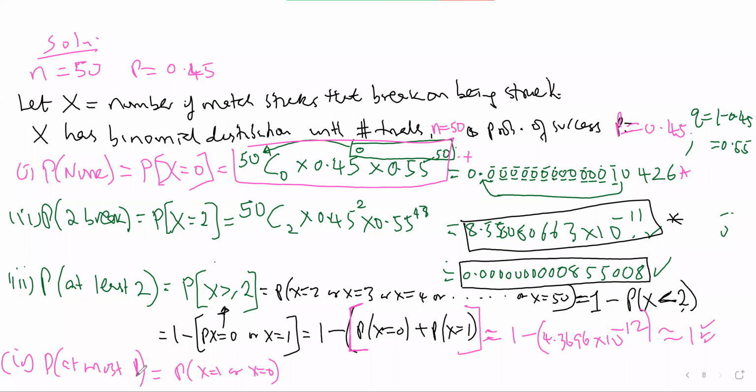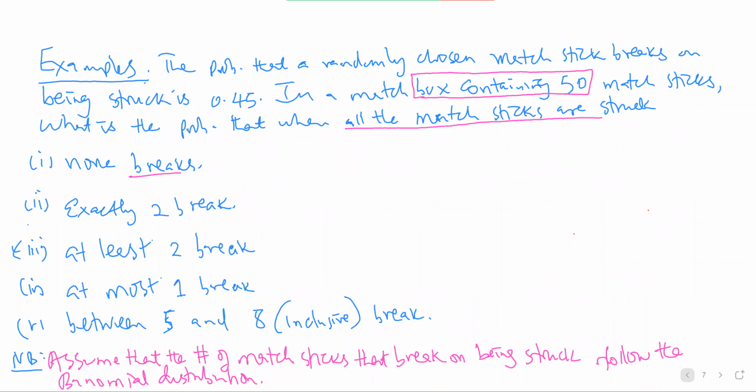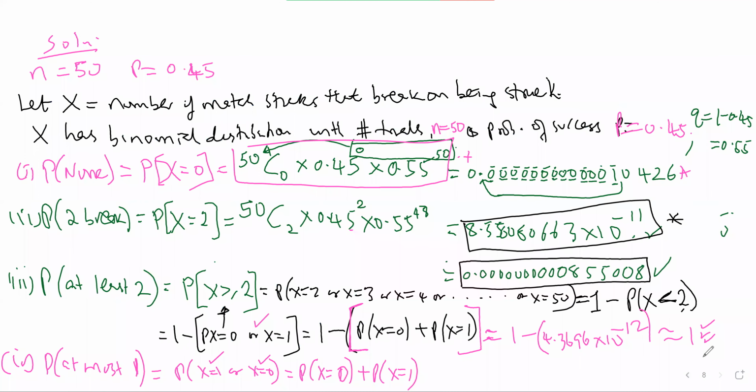So you need to compute those two. We already have this probability and also this probability from here. So you just need to plug them in, then you sum them up. So we need probability that X is 0 plus probability that X is 1. Then the other one, between 5 and 8, in a similar way.